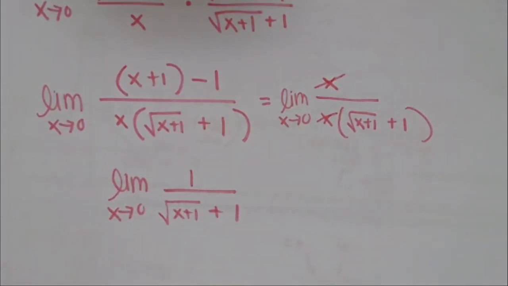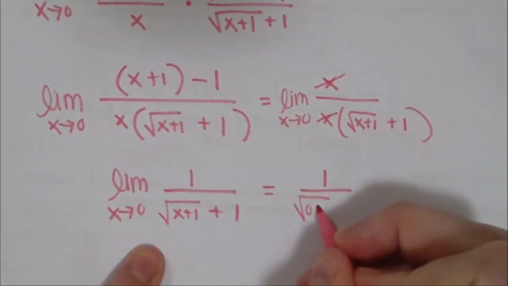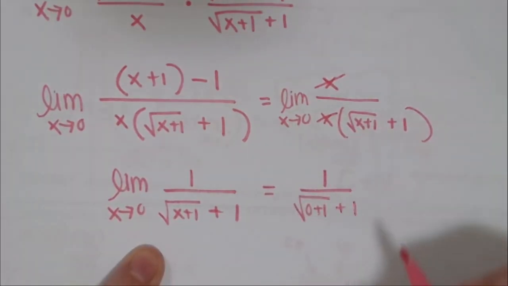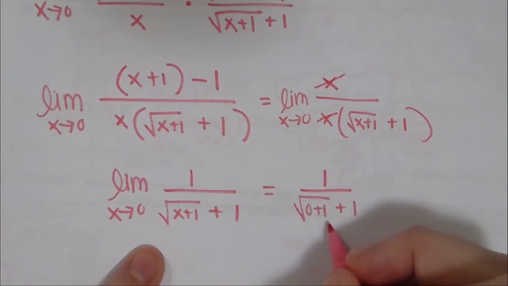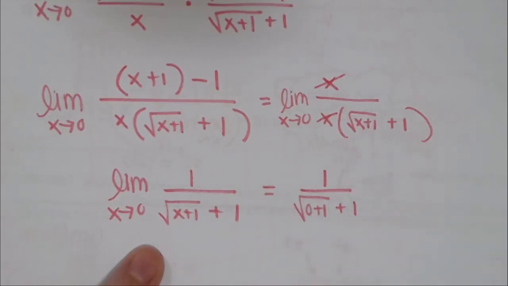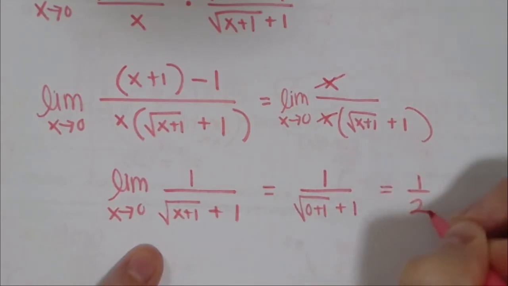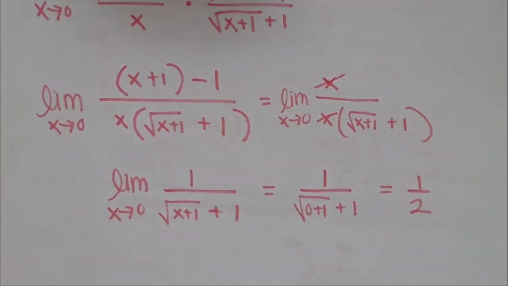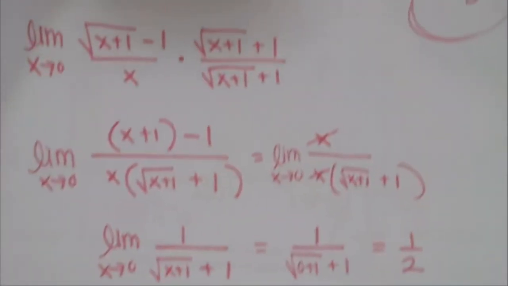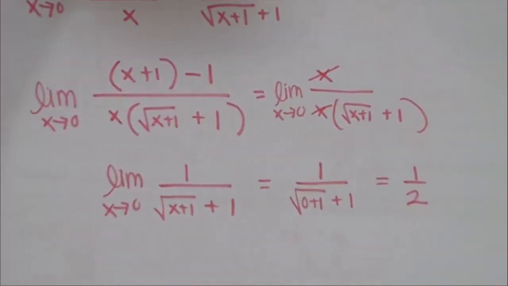And direct substitution is actually going to work out for us now. So 1 is on the top. Square root of 0 plus 1 plus 1. Square root of 0 plus 1 is simply just 1. 1 plus 1 is 2. So we have 1/2. So the limit of that really crazy looking one up here actually equals 1/2 in the end when we get rid of that indeterminate form.